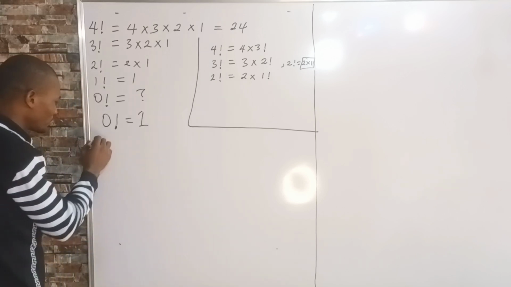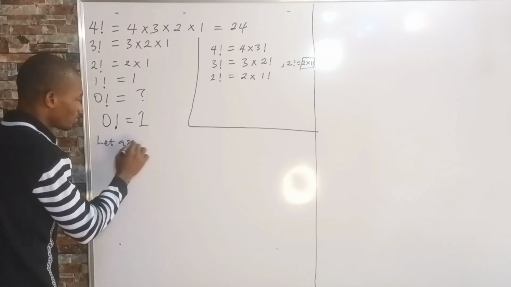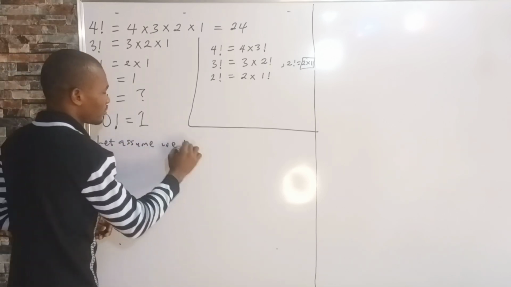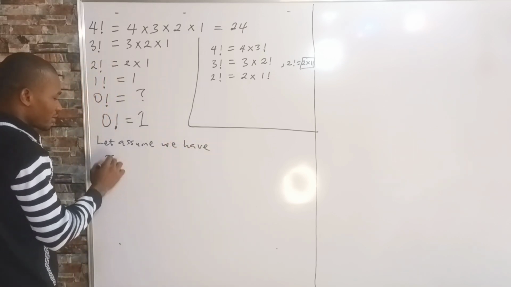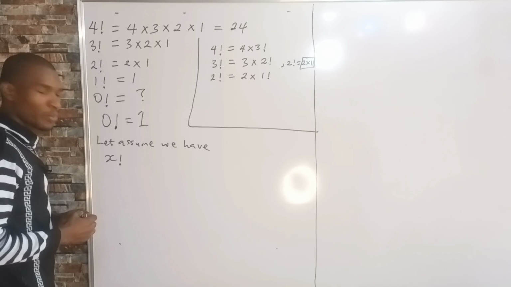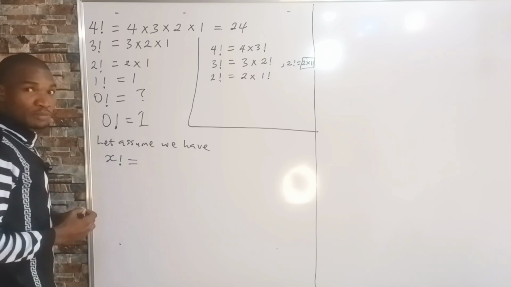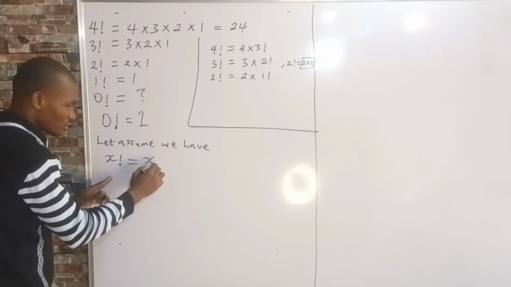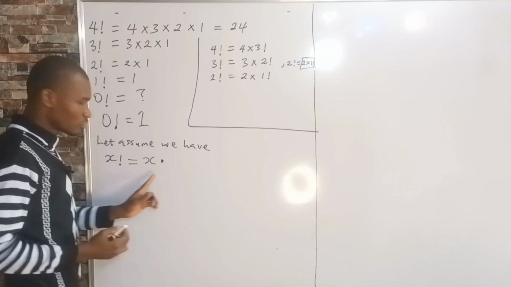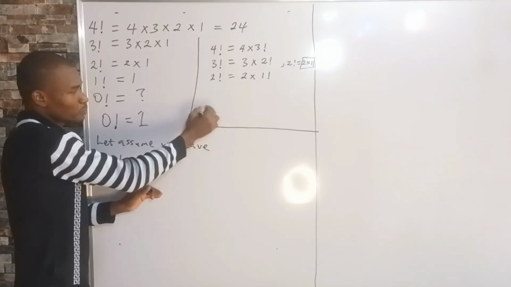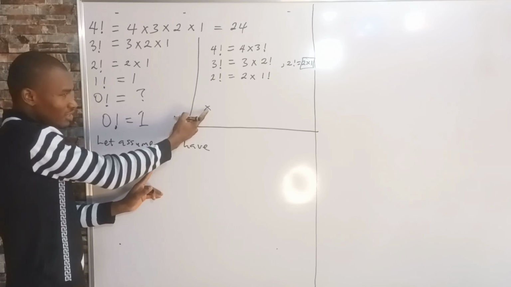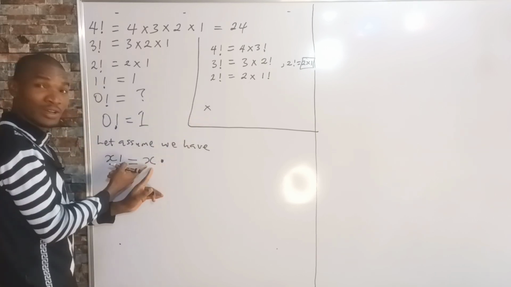Let's assume we have x factorial. X factorial simply means x multiplied by, I'm going to be using dot product for the multiplication, because if I should use the cross product like this, the times is going to look like the x.